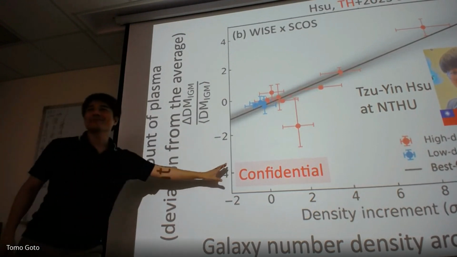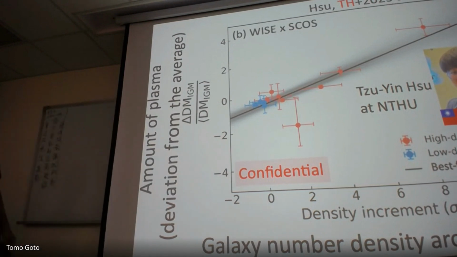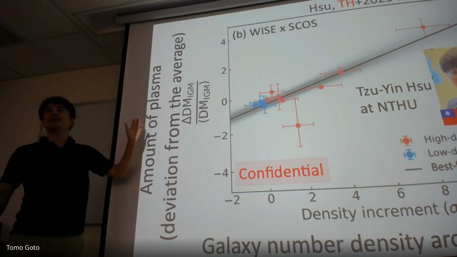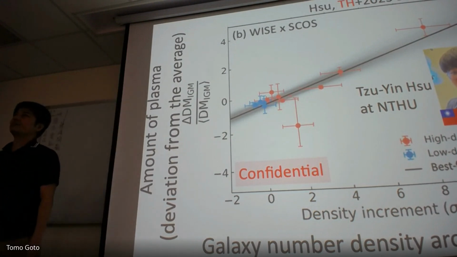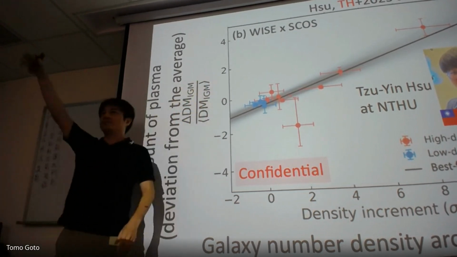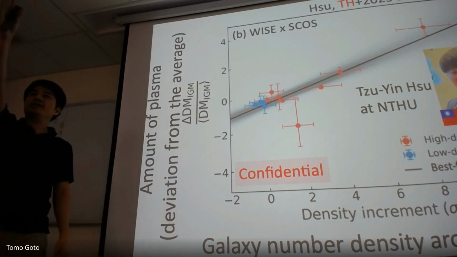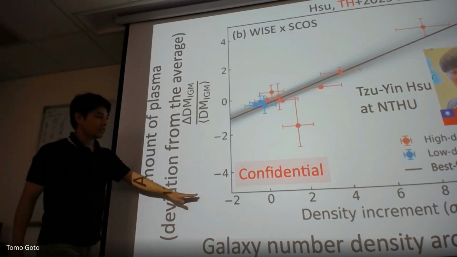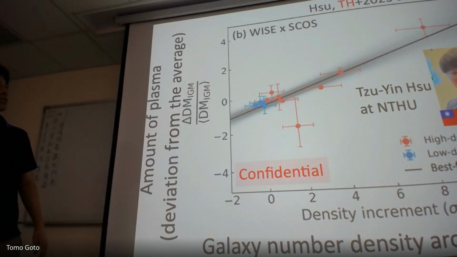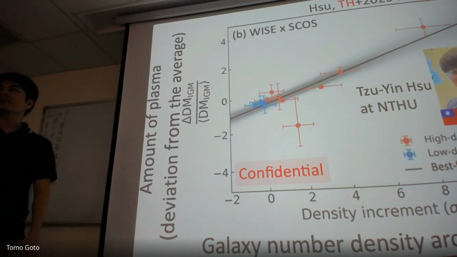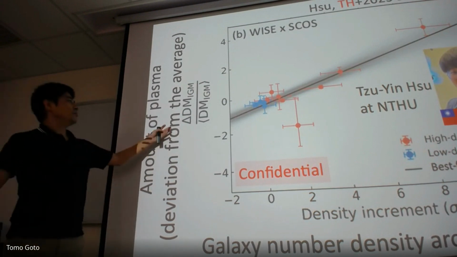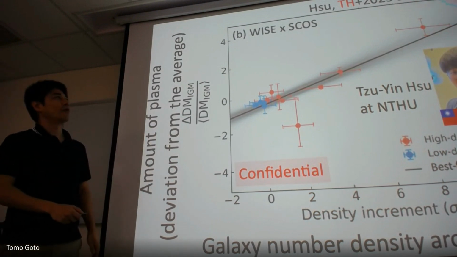This is confidential results, please don't take it to other people. She measured how much missing baryon you have compared with the average number. So the y-axis is an indicator of how much missing baryon you have along different directions of the sky, as a function of the number density of galaxies. She found that along directions toward places that have more galaxies, missing baryons also exist more.